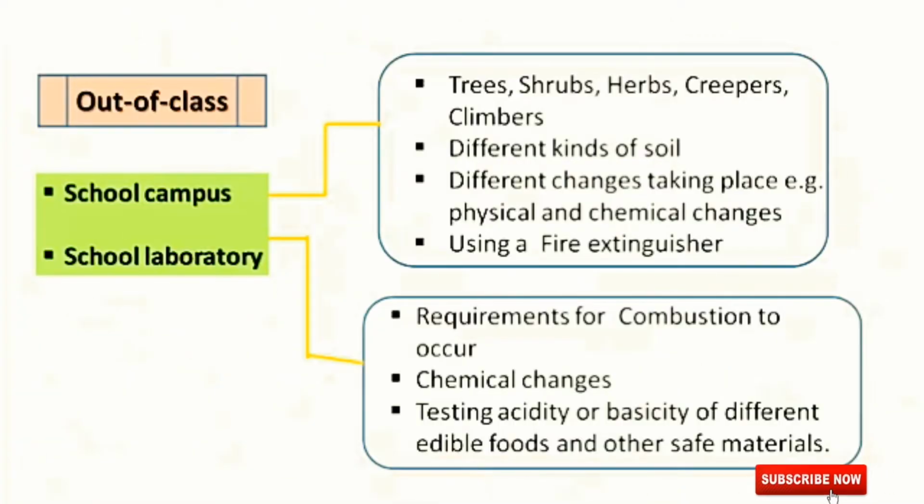So what can be done out of class then? Well, again I have a categorization here. What can be done on the school campus and what can be done in the school laboratory? If I look at the school campus, have a visit outside the classroom and you will see a lot of things around you. And amongst the many things, you will see plants.